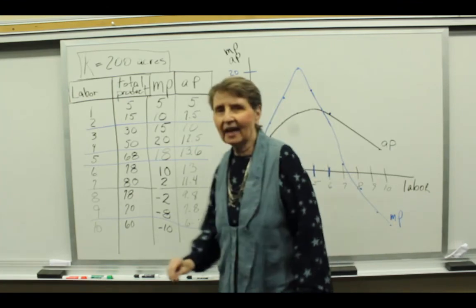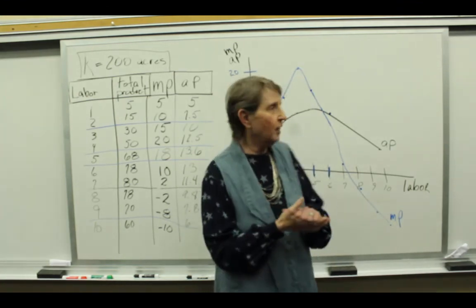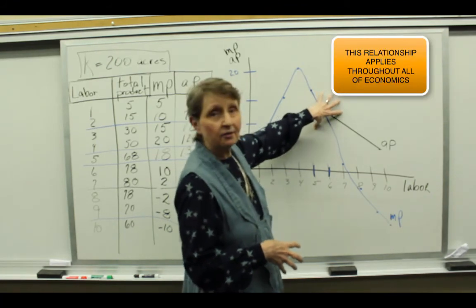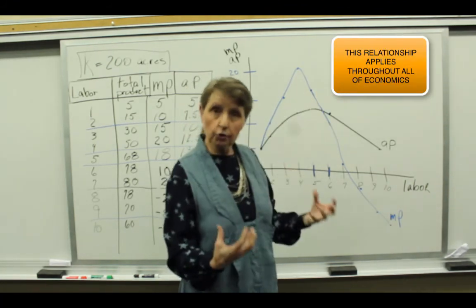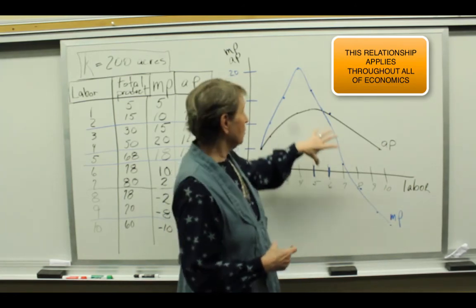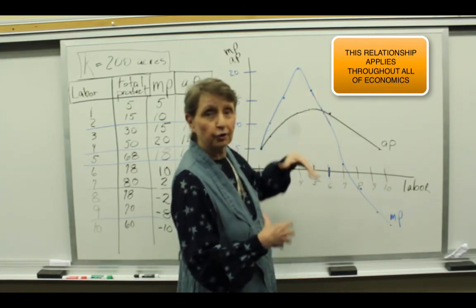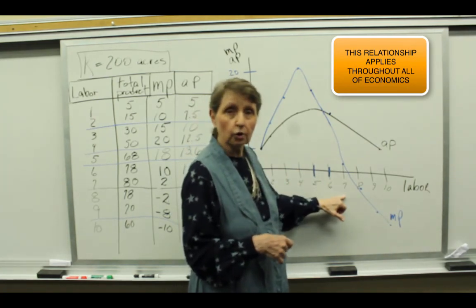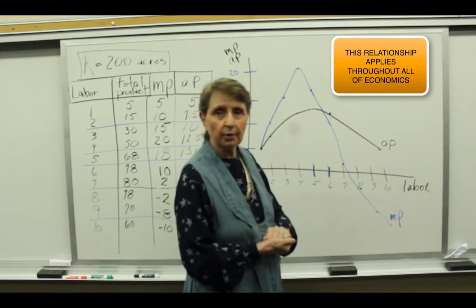That's always the case, and this is a very important relationship because, again, what we're going to do in the future is take these production curves and assume that we actually have to pay for these inputs. And we will turn these production curves into cost curves by merely assigning a dollar cost to these inputs.